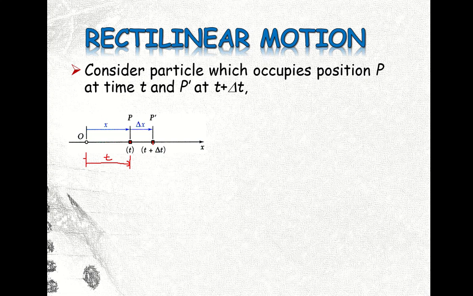That's why we have t plus delta t: when there is a change in position delta x, there is a corresponding change in the time spent, which we call delta t. So we have position P prime at t plus delta t.